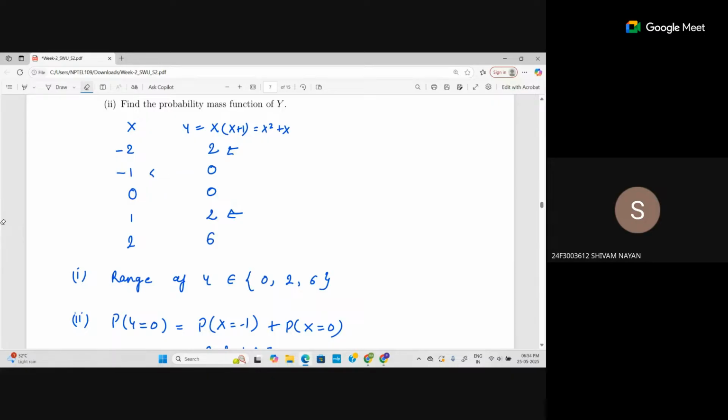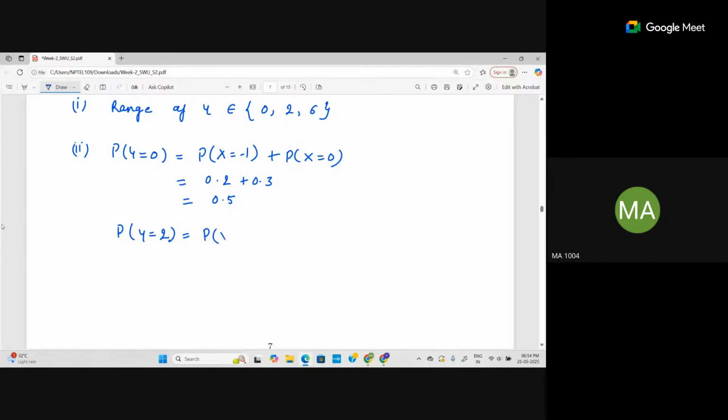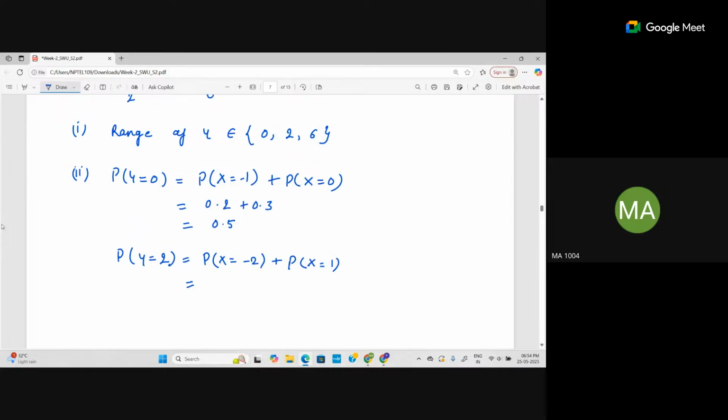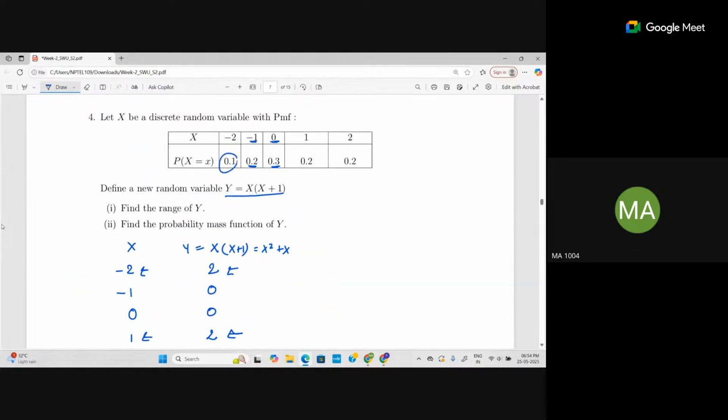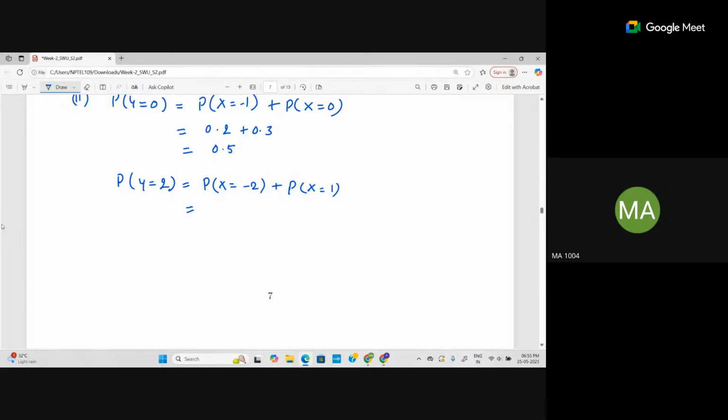So we have to take x equal to -2 and x equal to 1. x equal to -2 is 0.1 and at 1 it is 0.2. 0.1 plus 0.2 will be 0.3.